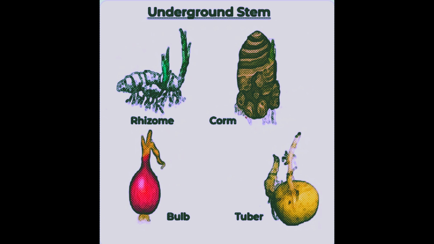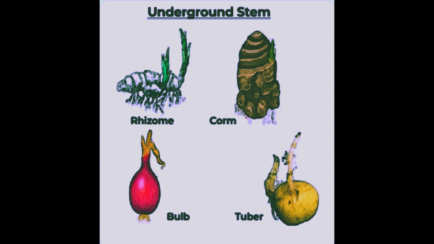Rhizomes are underground modified stems. They grow horizontally under the soil, and they have nodes and internodes. In this picture we can see it has nodes and some internodes, and it has been grown horizontally. So this one is definitely a rhizome.